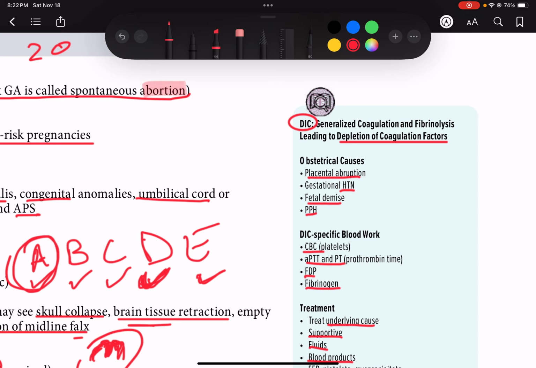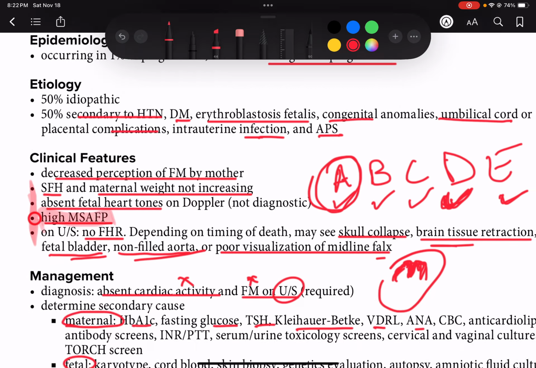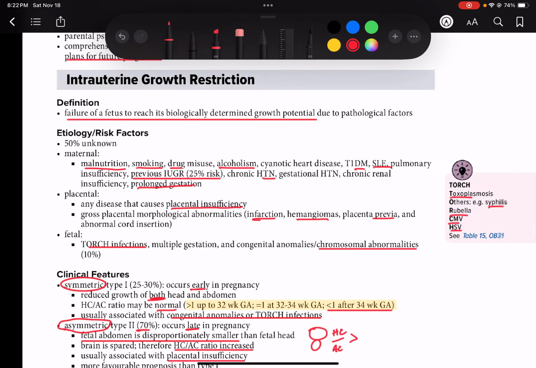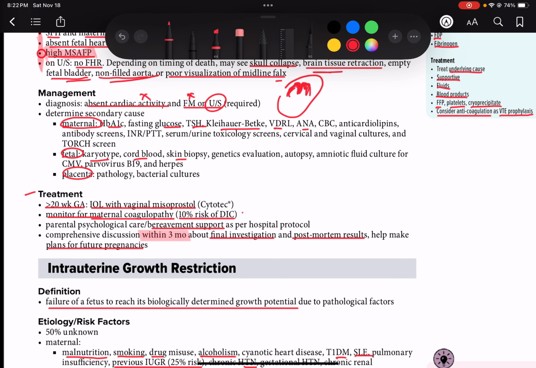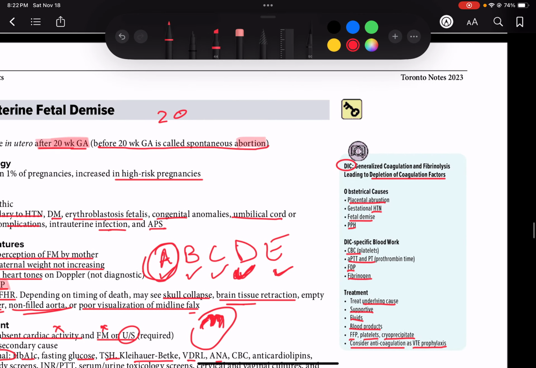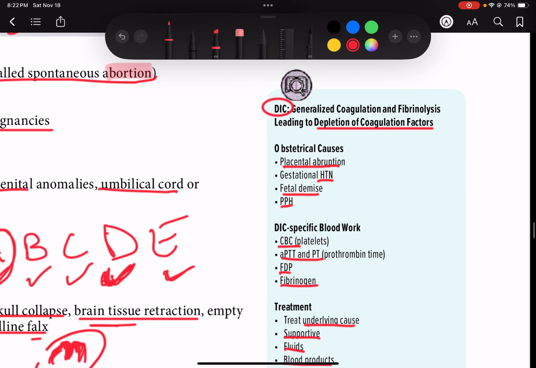So over here too, when you're going to give misoprostol and wait for the baby to be removed, you would make sure that you prevent DIC. All right. Because there is a 10% risk of DIC, you would want to make sure that you monitor maternal coagulopathy. Obstetrical causes for DIC.